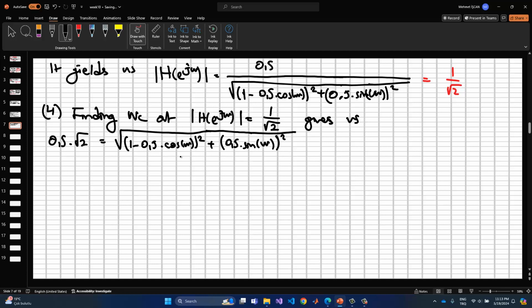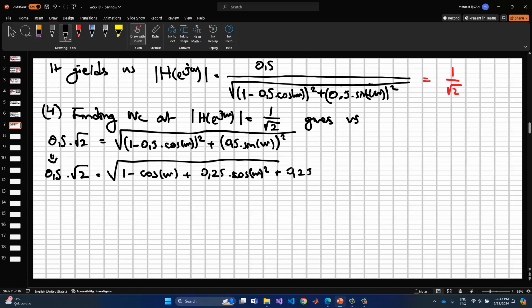Okay, and so in the expansion form we have 0.5 square root 2, which can be written as 1 minus cos ω plus 0.25 cos² ω and 0.25 sin² ω.